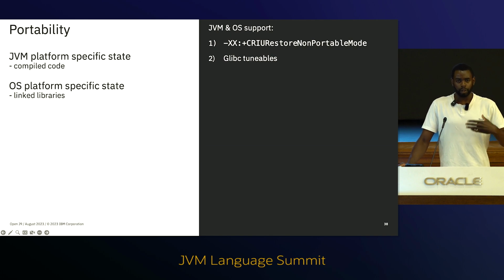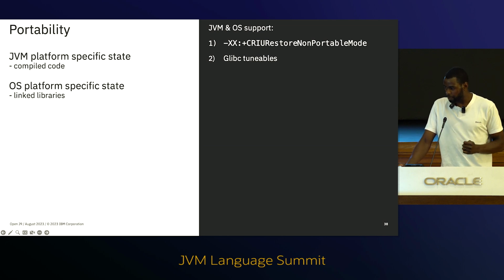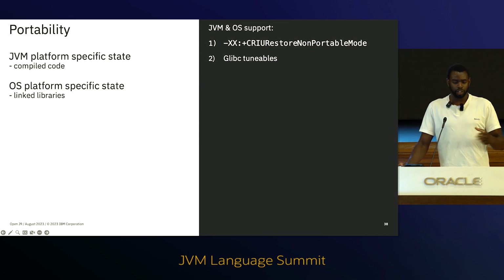But we don't want to have to pay this cost all the time. So there is another option called CRIU restore non-portable. It's a bit of a mouthful, but essentially this option says that the JVM will only be restored at most once. This lets the JVM know that as soon as you restore, you look at the target machine, and that is now what you're targeting. Feel free to use any features available on that machine.